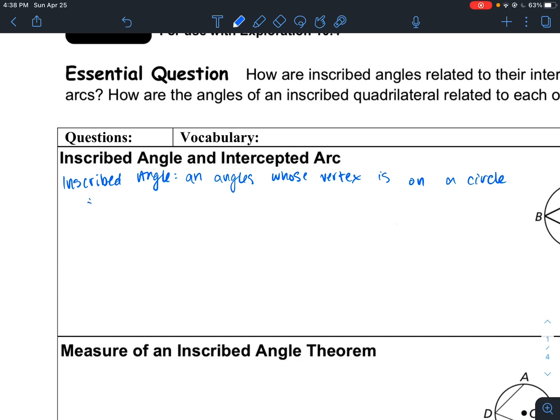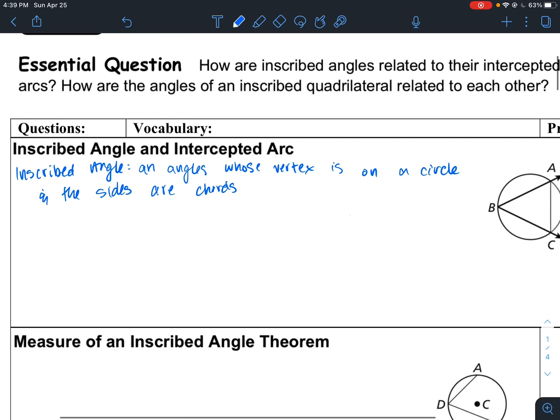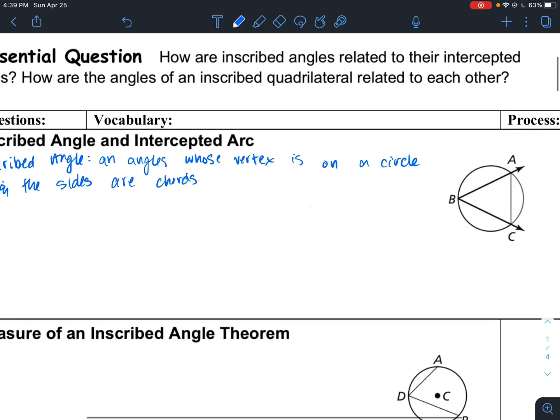And so basically, the sides are chords. So pause the video if you need to finish writing down that definition.